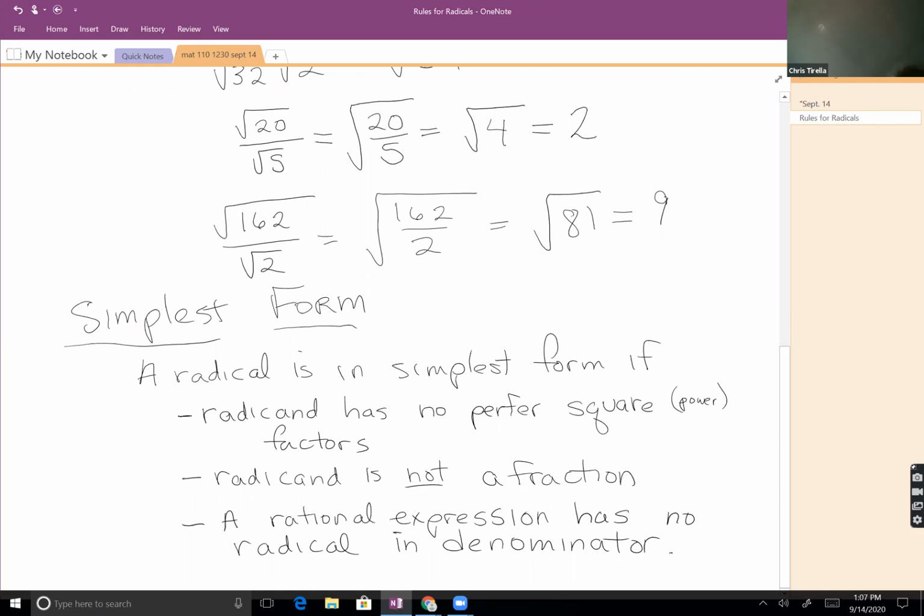And so those are the things we're going to be looking at. Getting perfect square factors out of the radical, making sure that we don't have a fraction under the square root, and making sure that we don't have a square root in the denominator.